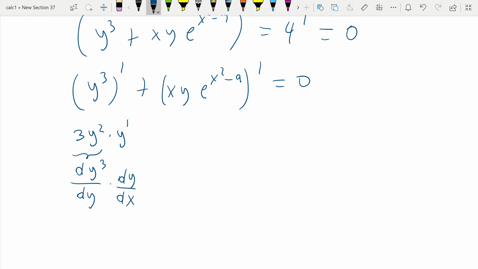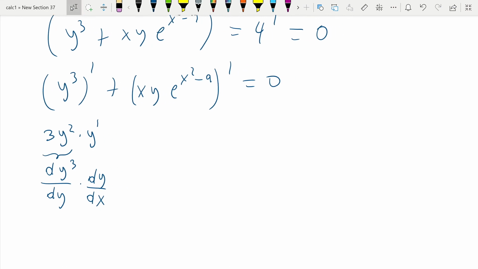Remember, we are differentiating y cubed with respect to x, not with respect to y. This is the mistake I see very often, that people when differentiating a power of y with respect to x just write the power rule and forget about the y prime, which comes from the chain rule, which is the correct thing to do.